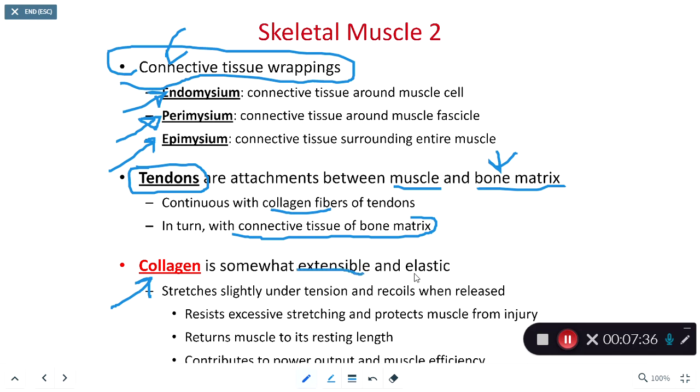It's extensible and elastic. What does this mean? Our collagen can bend. Instead of fracturing, it flexes. Instead of breaking, it bends. So because it has just a little bit of flexibility, collagen is very resistant to stretching forces and does a great job of resisting tears from pulling forces.